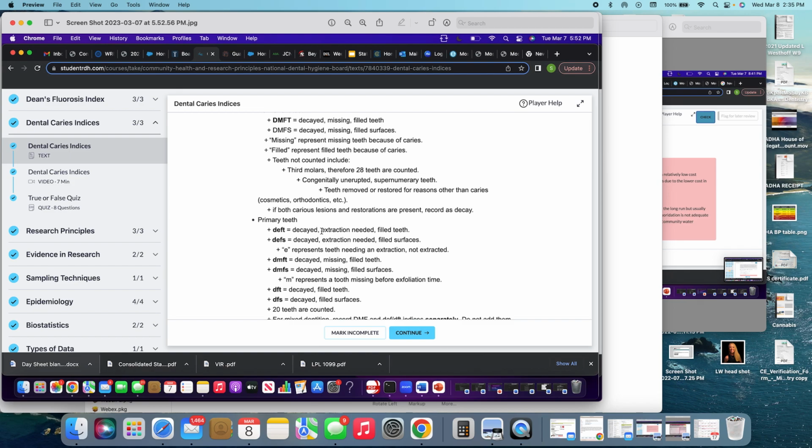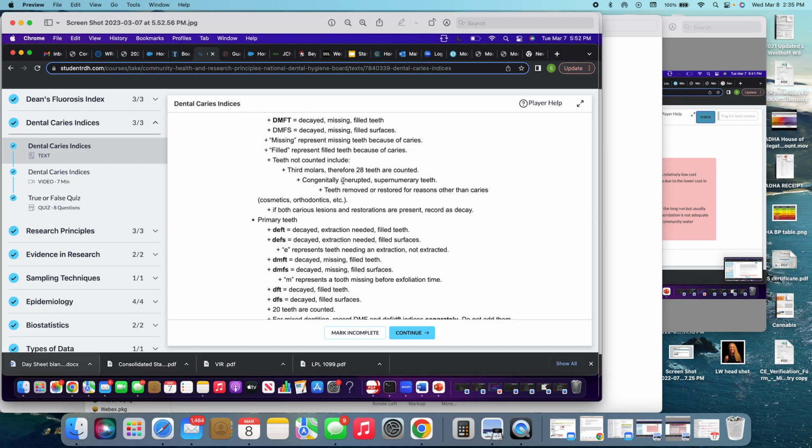So in my professional experience, we have not used DEF type of surveys and indices because we are not the ones as dental hygienists who are doing the surveys to determine if a tooth needs extracted or not. I may know very well if there's root tips remaining on a decayed tooth that should be extracted, right?